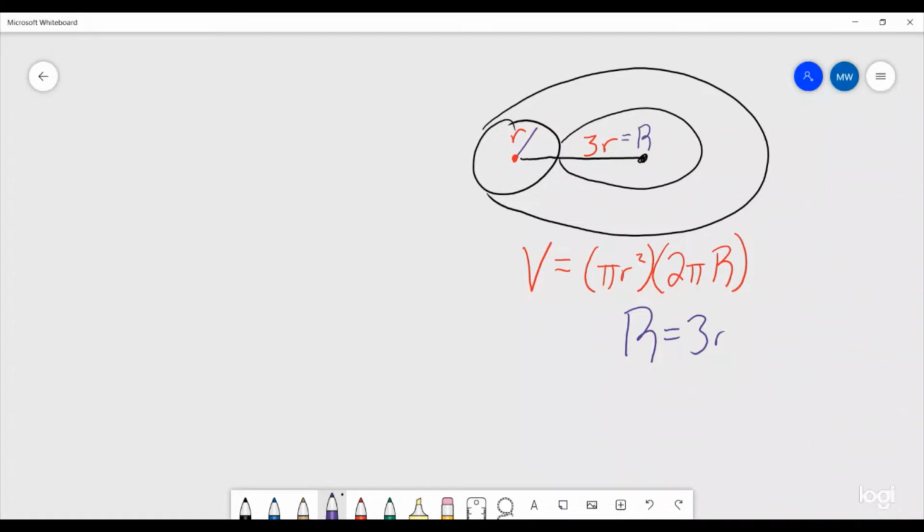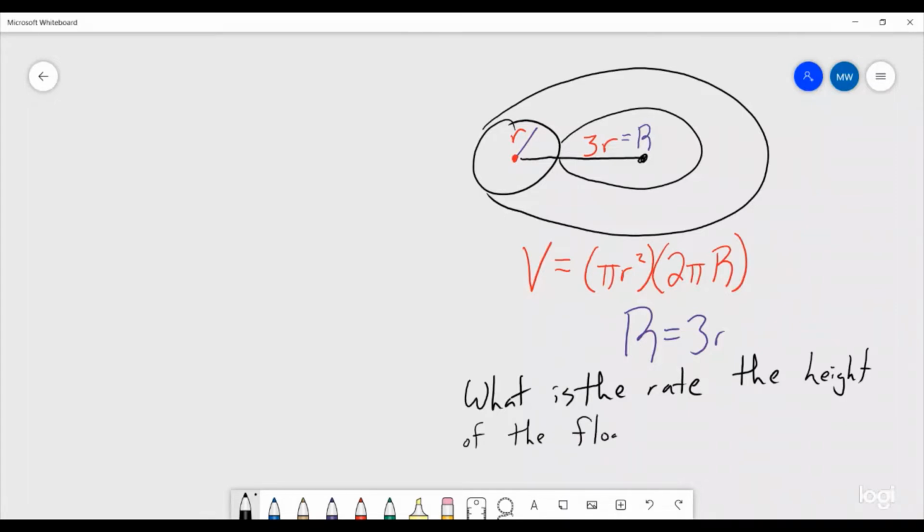If we have this, we might ask ourselves, what is the rate that the height of the floaty is increasing after 16 minutes, if we know that we are blowing in, so we have a pump.